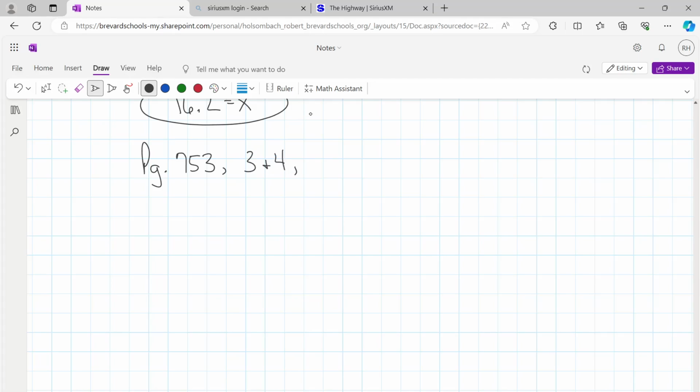And then over on the next page, 10 through 13. And that'll be it for today.